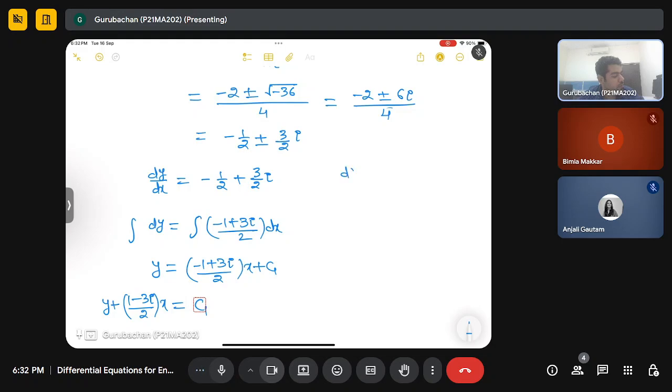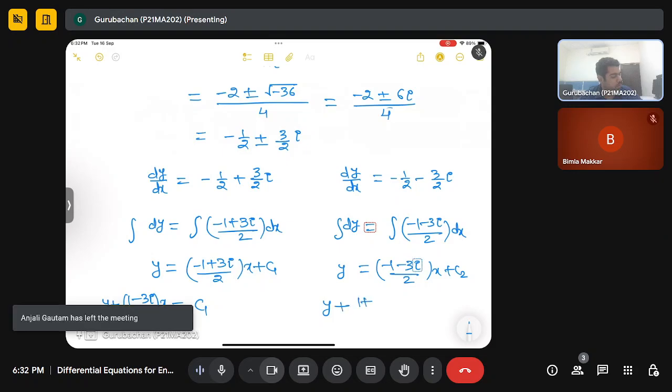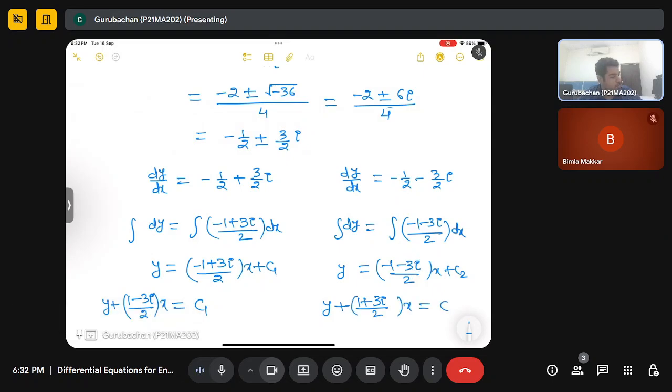In the same scenario, if you deal with dy by dx equal to minus half minus 3 by 2 iota, this will give the integration of minus 1 minus 3 iota divided by 2 dx. So this will give us y equal to minus 1 minus 3 iota by 2 into x plus c2. This will give us y plus 1 plus 3 iota divided by 2 into x equal to c2.